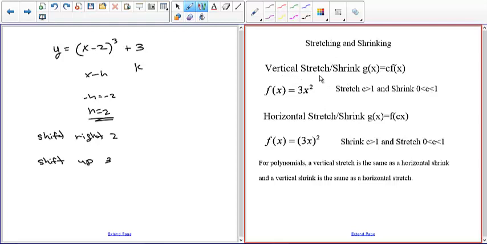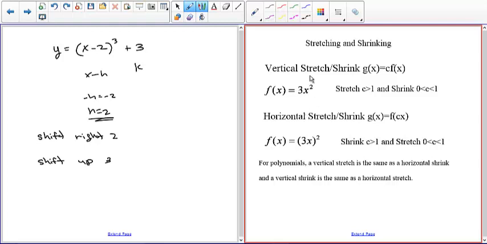So when you have a constant in front of the function, the parent function, if this constant is greater than 1 and positive, then it stretches it. And if this constant is between 0 and 1, you shrink it. Now if it's negative, you would do an x-axis reflection as well, but in terms of the numbers.